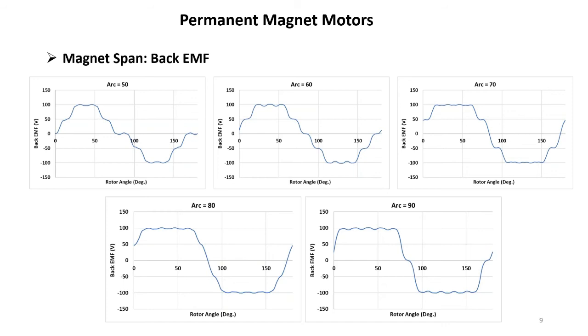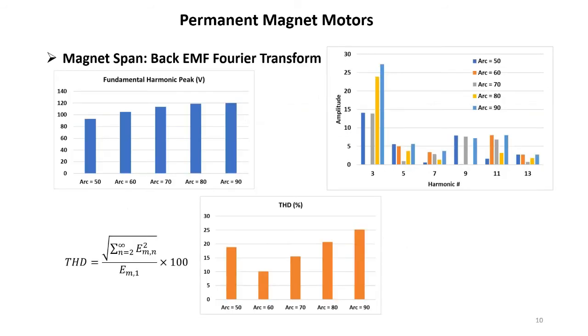completely sinusoidal. To see how close a waveform is to sinusoidal, we normally use something called the Fourier transform. You can see here in the first picture at the top left, which shows the fundamental harmonic, which is the main harmonic contributing to the torque of the machine.